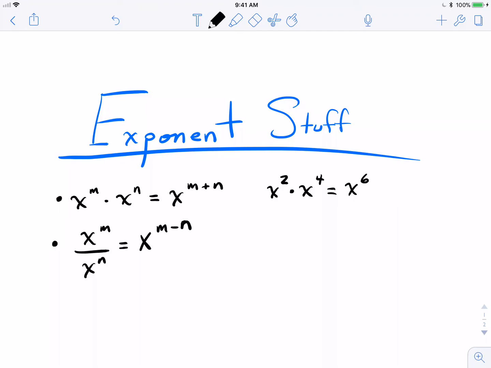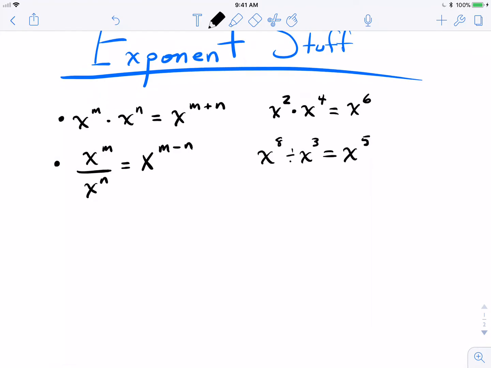When I'm dividing, I subtract. Now obviously with subtraction, the order matters, so we're subtracting the exponent in the numerator minus the exponent in the denominator. Something like x to the eighth divided by x to the third. You might panic and say 3 doesn't go into 8, but remember we're simply subtracting. So that'd be x to the fifth.